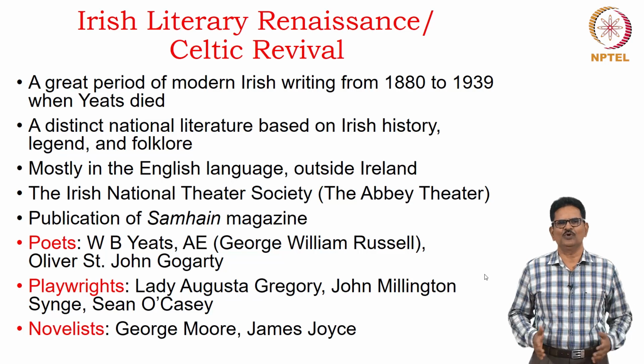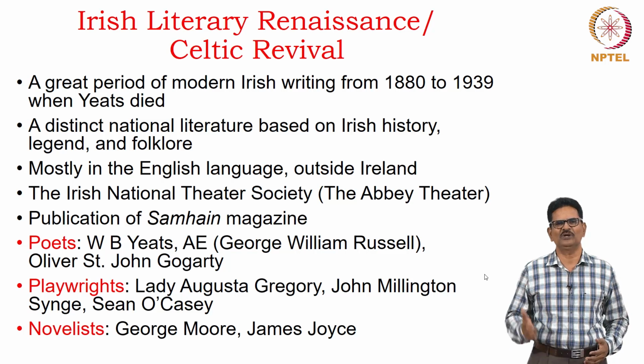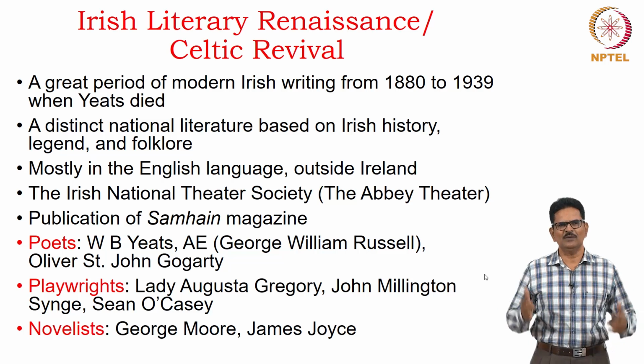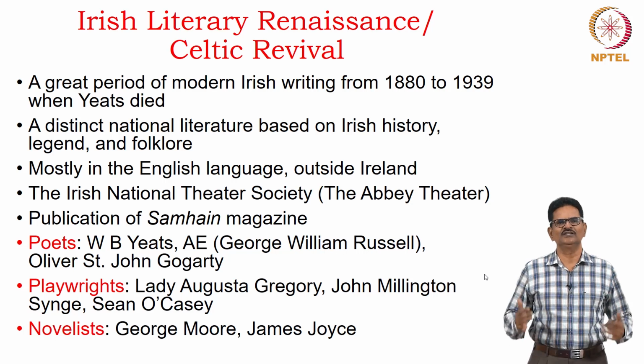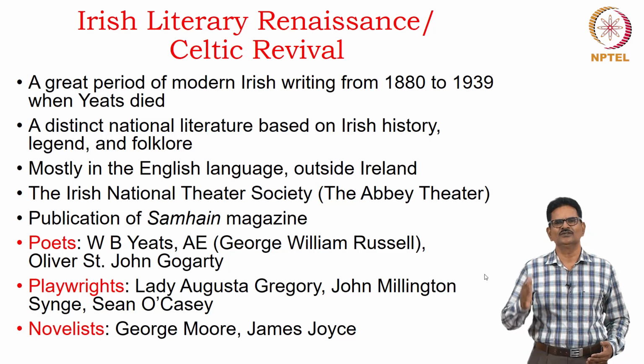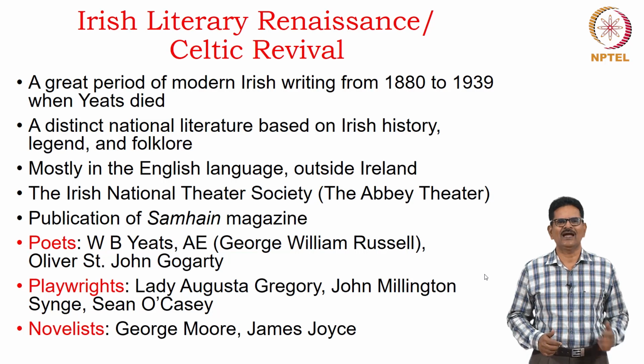The society supported the publication of Samhain magazine, which published many of these writings, poems, plays, novels, short stories and all. We have some representative authors of this Irish literary renaissance here under various categories. For example, we have poets like W.B. Yeats, A.E., whose original name is George William Russell, and Oliver St. John Gogarty.